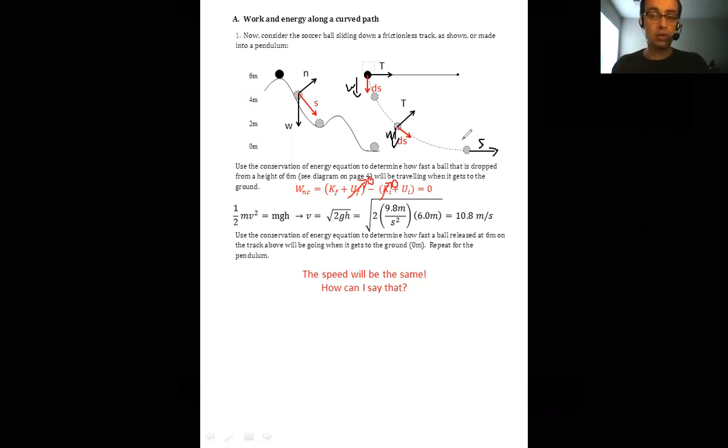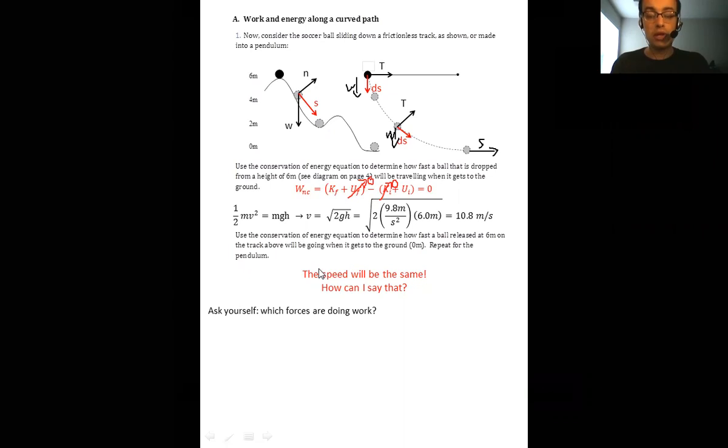It's perpendicular to the center of the circle. Again, because if the string breaks, it flies out in a straight line. So you're only looking at conservative forces actually doing work. And the only conservative force that you're looking at doing work is that of gravity.